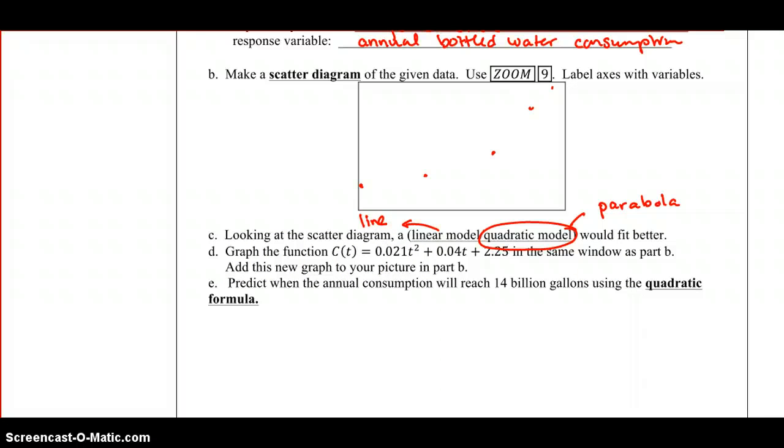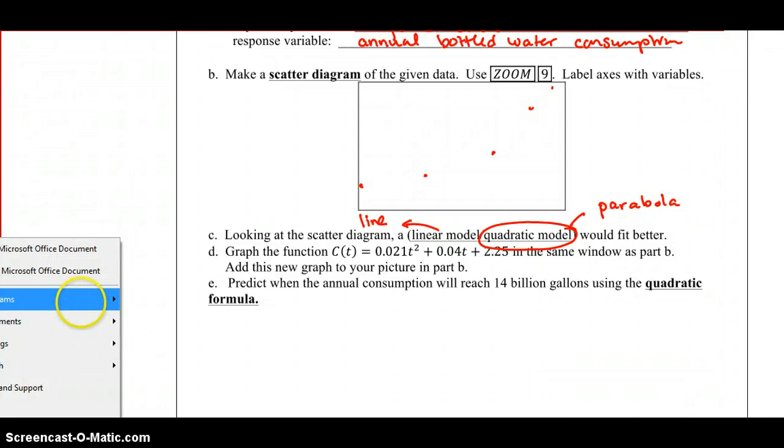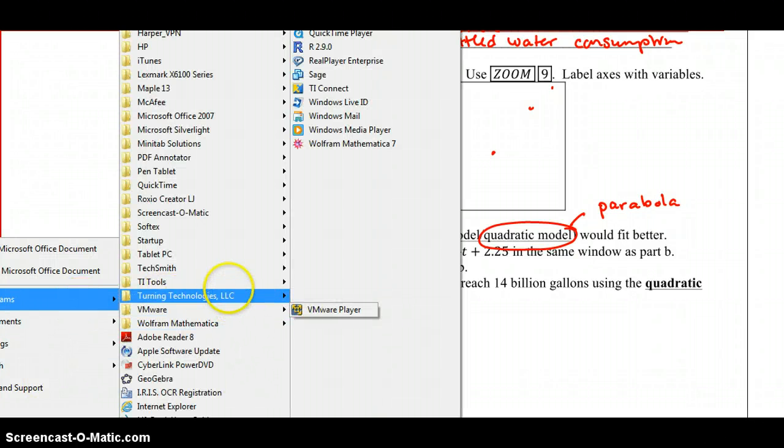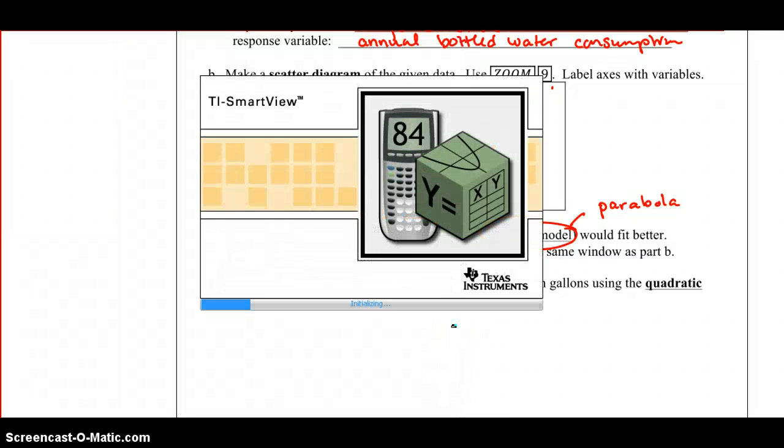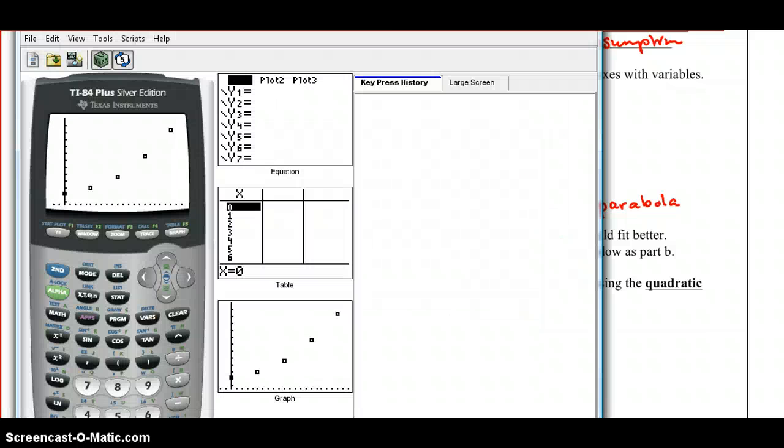Okay, so we're going to go back to our calculator, which I think I just accidentally closed. So we're going to push y equals, and we're going to type in the equation that they've given us, only we're going to replace the t's with x's for our calculator.